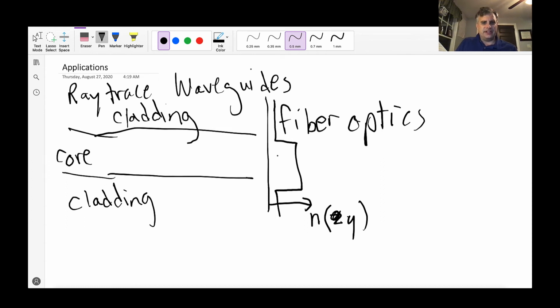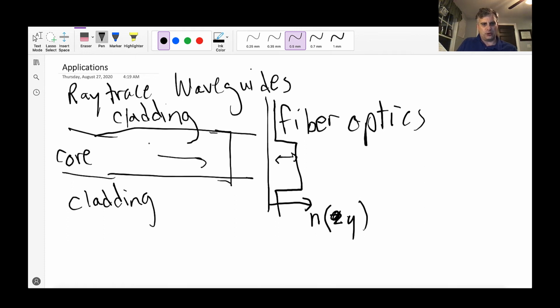And quite often the difference here is pretty small. And the reason for that is that for long distance fiber optics, you only want to support a slightly higher index of refraction in the core. That will make sure that all of the other modes, all the higher order modes except for the fundamental, don't propagate along the core.